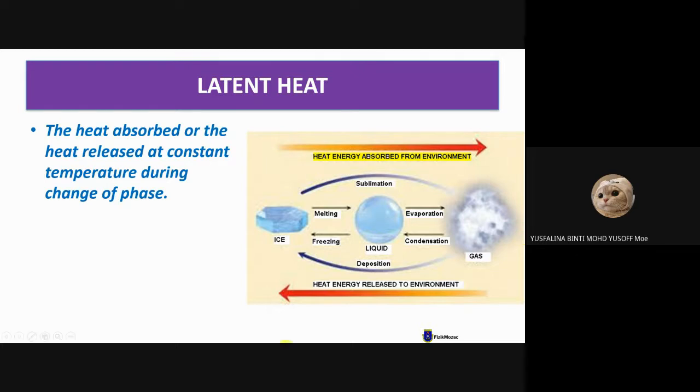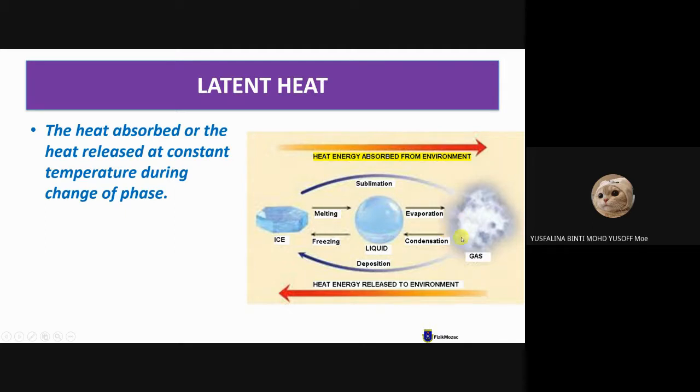Okay, so this is the process. Let's say I use the ice, and then this is water and this is the water vapor. From ice to liquid is the process of melting, and here we already know the heat must be absorbed. For liquid to gas, the process is evaporation, and here also the heat must be absorbed.